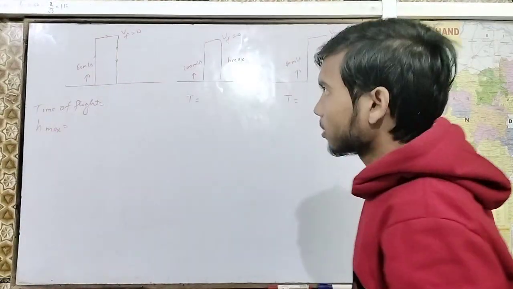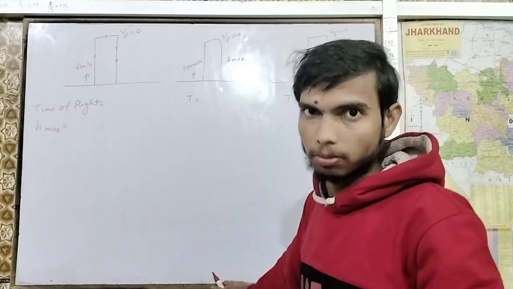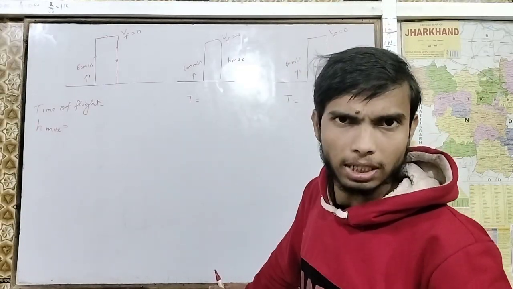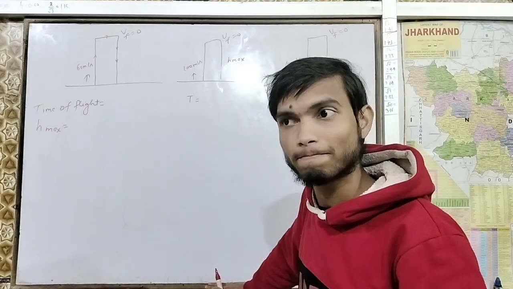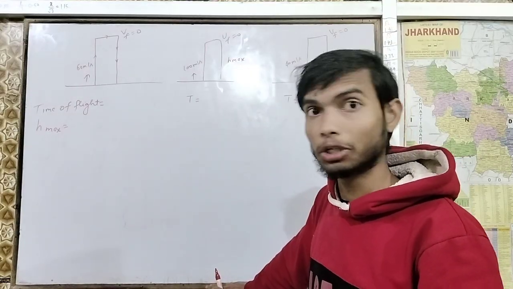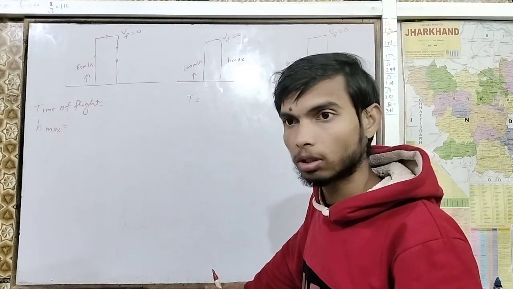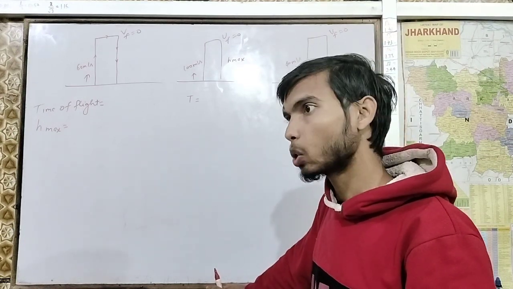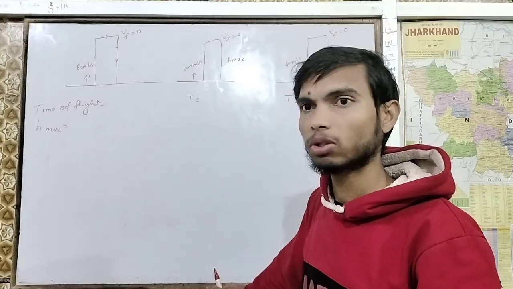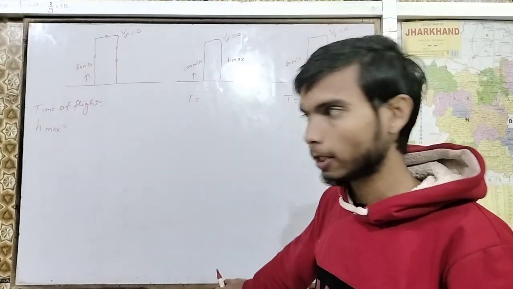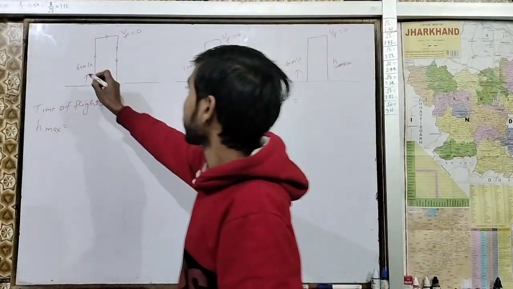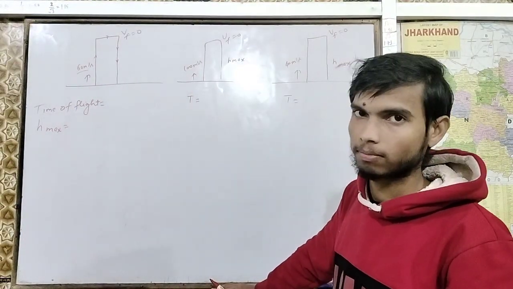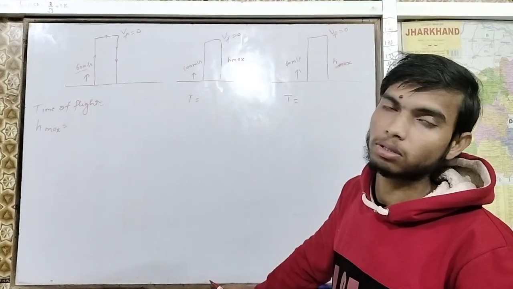This particle is being projected with a velocity of 60 meter per second. Now, in 1 second, the velocity change is how much? 10 meter per second. In 2 seconds, it is going to be 20. So 60 minus 20, at 2 seconds velocity is going to be 40. If you put t equal to 6, velocity will become 0.